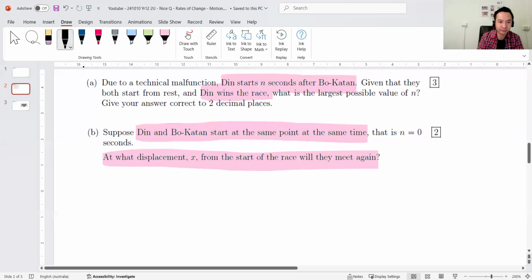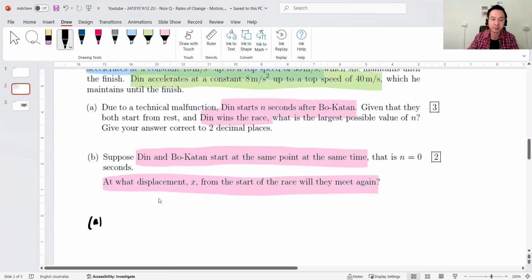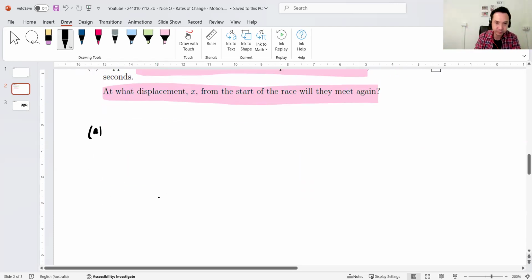So for part A, I'd also like to show the graphical method because it's really nice to relate a velocity time graph to how to get displacement from the graph, right? So the way you sort of see it is in terms of speed. Let's plot speed on this.